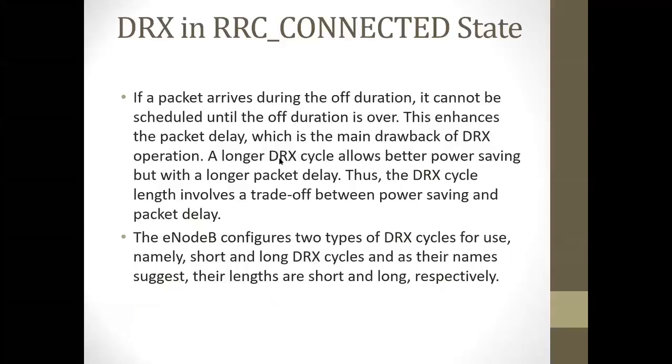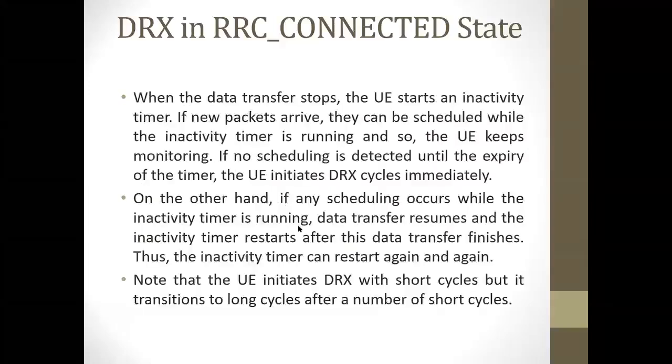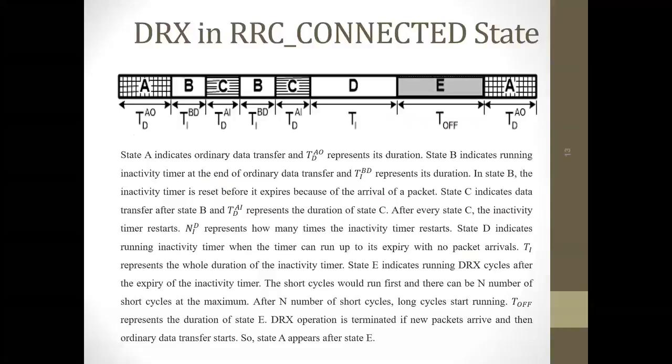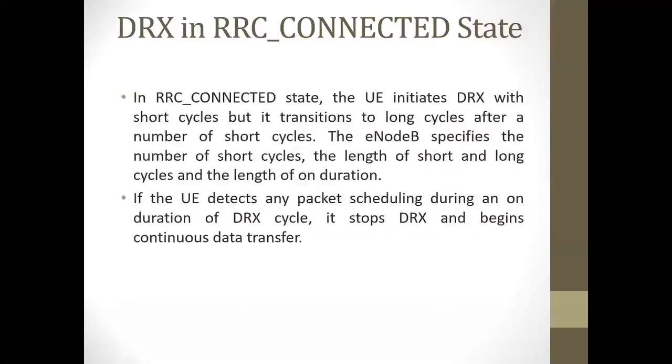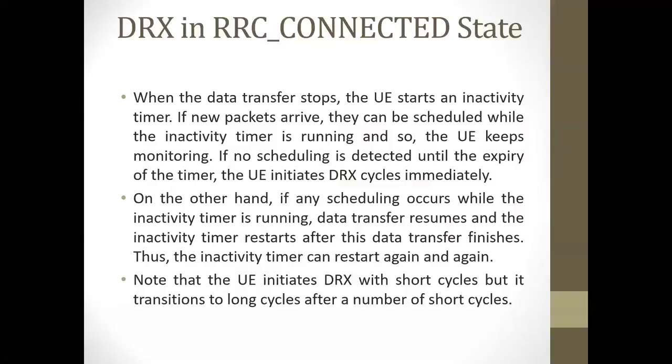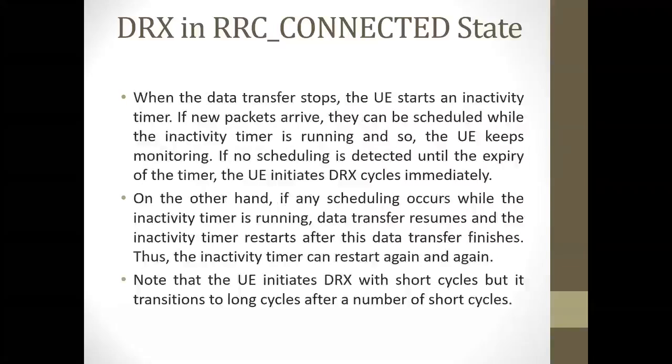The long and short DRX cycles are explained here, and I said that the length for all of them, long or short DRX cycles, are set by the eNodeB. But there is a trade-off on how long it can be.